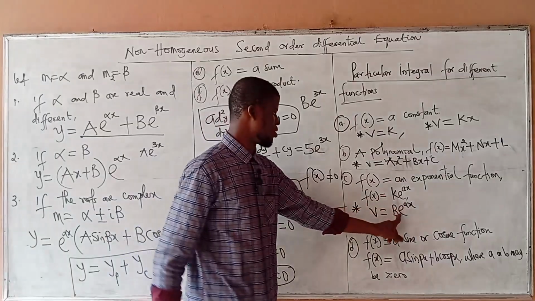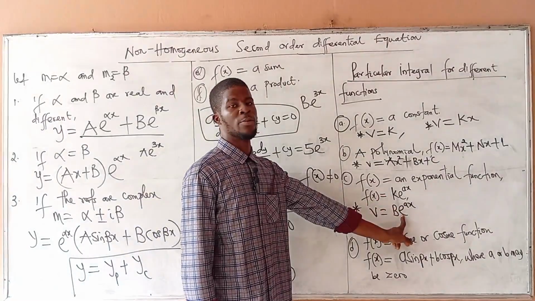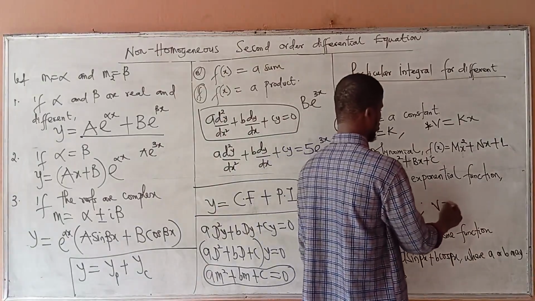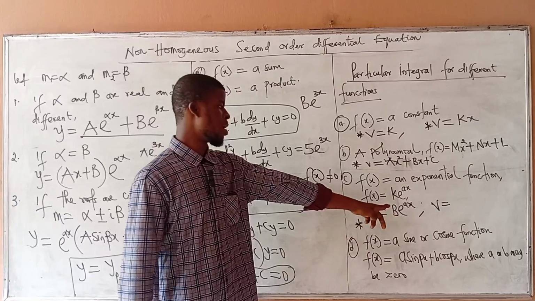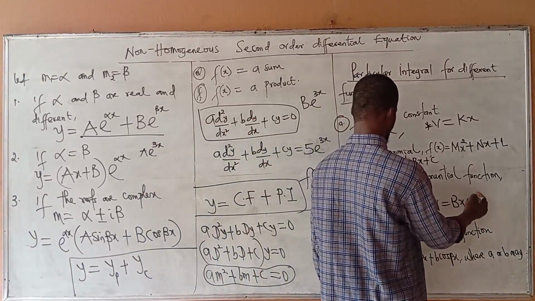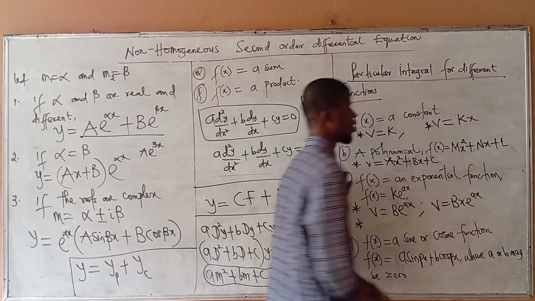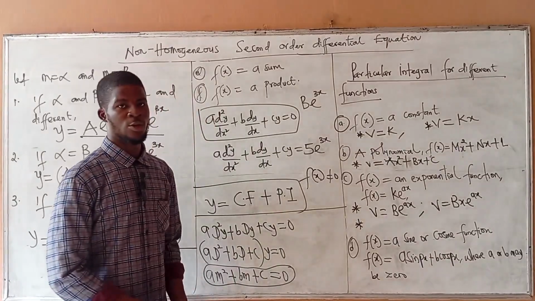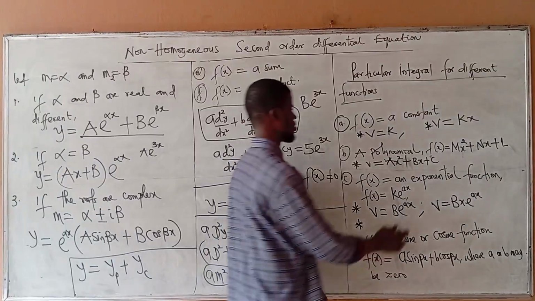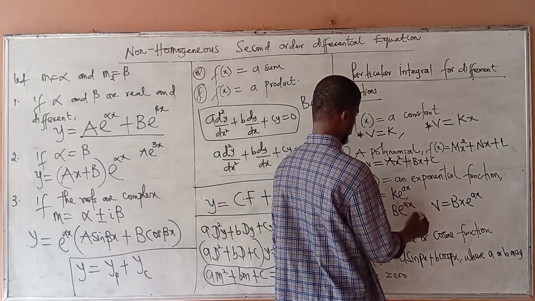Then I will not choose this. This will not be correct for the particular integral. So I'm going to modify it. V will be equal to, I will simply multiply this by x to get b x e to the power of ax. That will be the particular integral. You get the story. Now, there's another case. This is snag case 1.